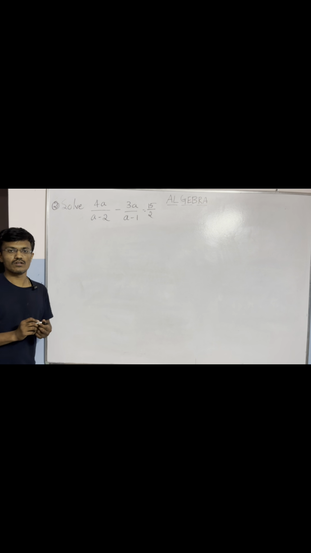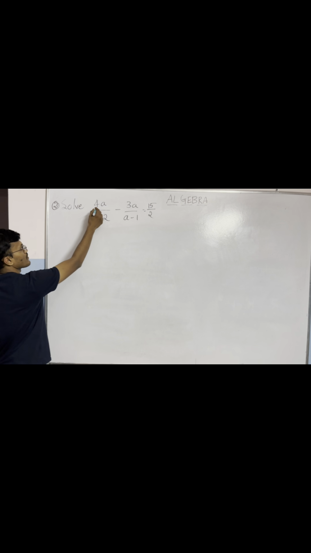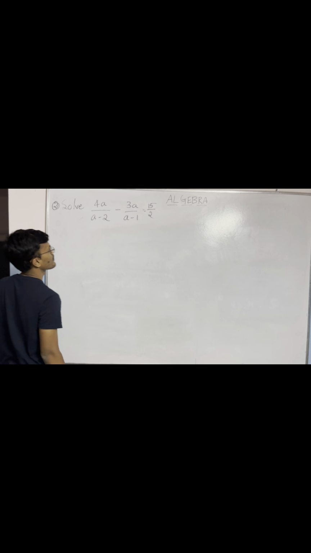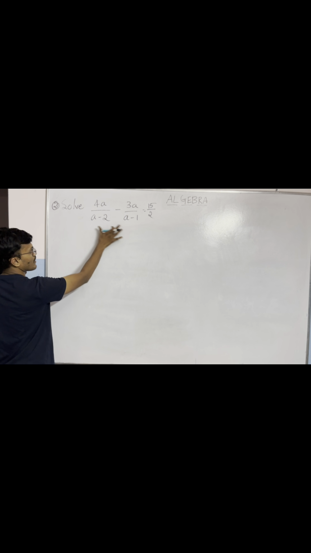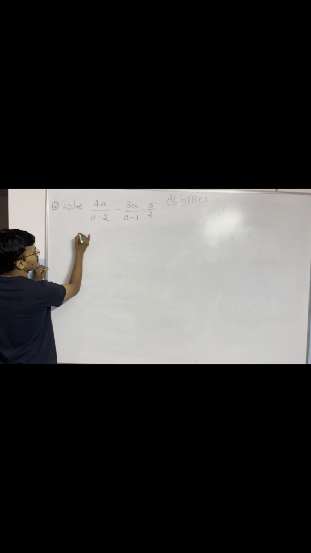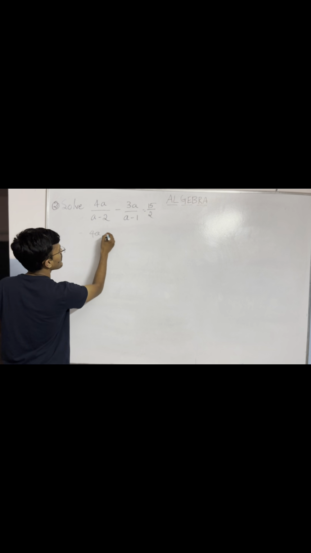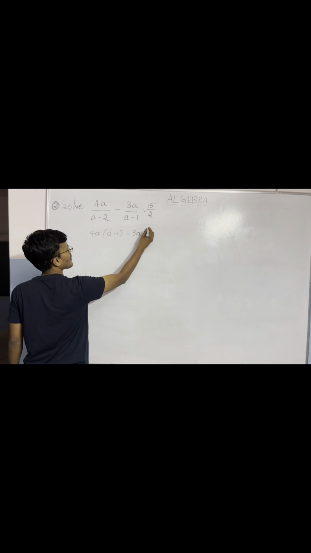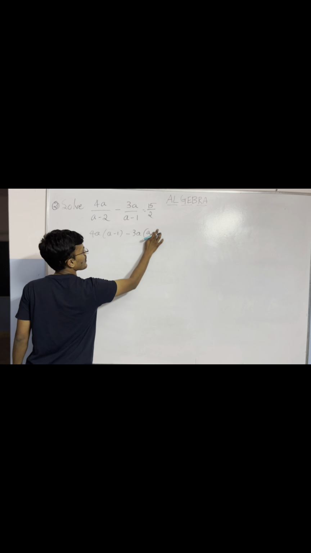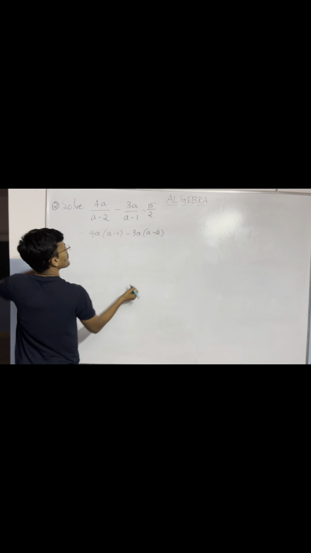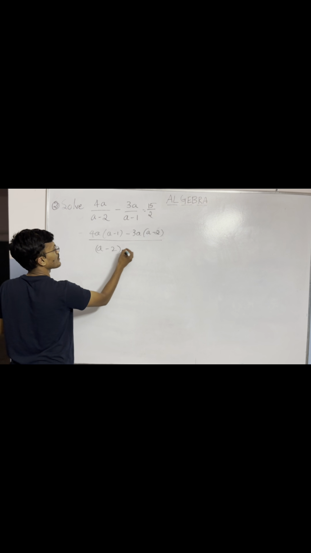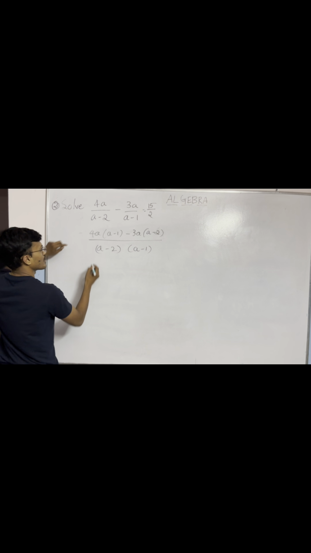Now let's solve another algebraic problem. Solve 4a by a minus 2 minus 3a by a minus 1 equal to 15 by 2. The denominators are not the same, so let's take the LCM: 4a into a minus 1 minus 3a into a minus 2, over a minus 2 into a minus 1.